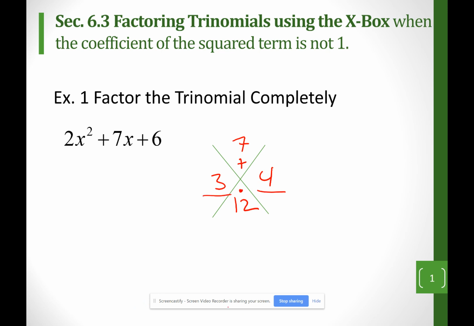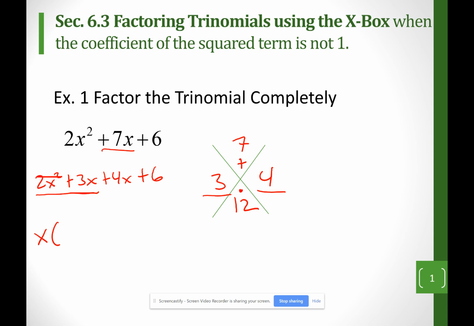This 3 and 4 is how I'm going to split my middle term. So I'm going to have 2x to the second plus 3x plus 4x plus 6. Once again, I just split my middle term. All right, so now looking at the first two terms, 2x to the second plus 3x, I can factor an x out.